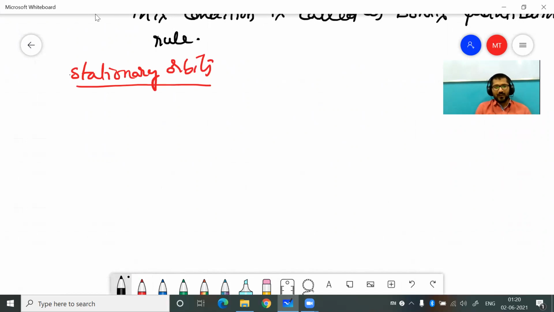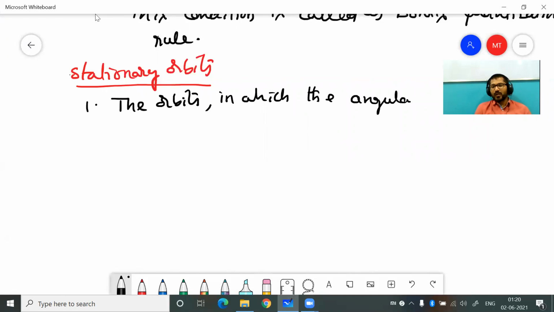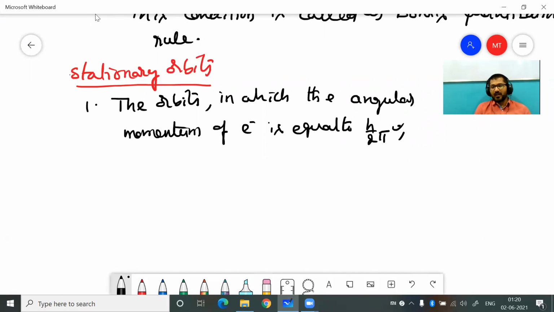One way you can define them is as the orbits in which the angular momentum of electrons is equal to h by 2 pi. These orbits are called stationary orbits.